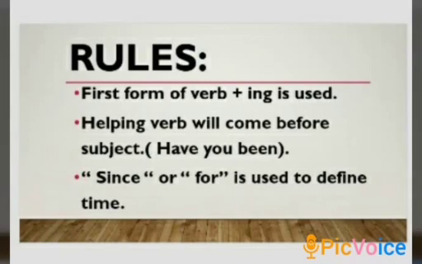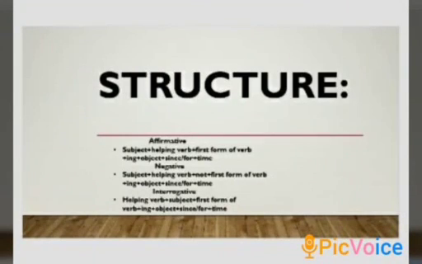But to make it an interrogative sentence, the helping verb will come at the start of the sentence before the subject. Have you been writing a story for many hours? So the helping verb will come at the start of the sentence, and then the subject will come. And since and for are used here to describe the time period. If the time period is definite, we use since, and if it is not specific, then we use for.